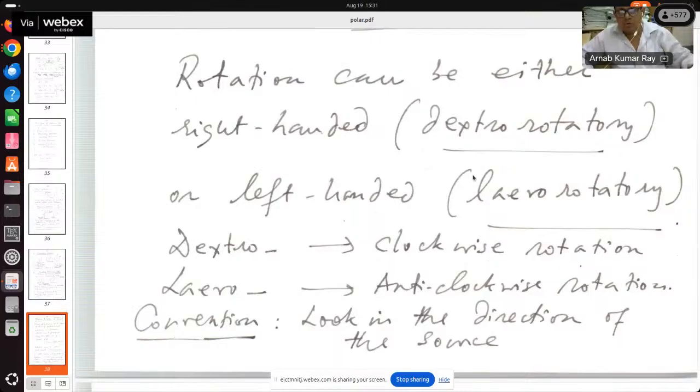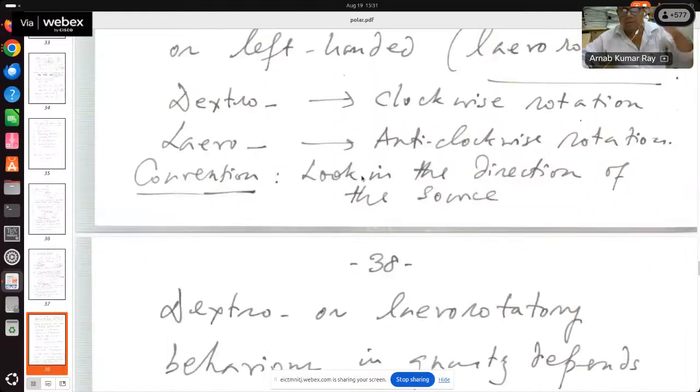If the rotation of the linear plane of polarization is in the clockwise direction, then it is dextrorotatory, meaning towards your right hand as you sweep your right hand downwards. And levorotatory, left-handed, if it is in the anti-clockwise direction. So dextro clockwise, levo anti-clockwise.